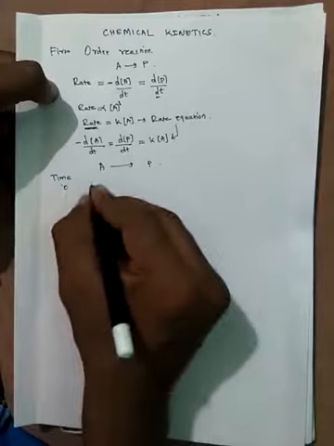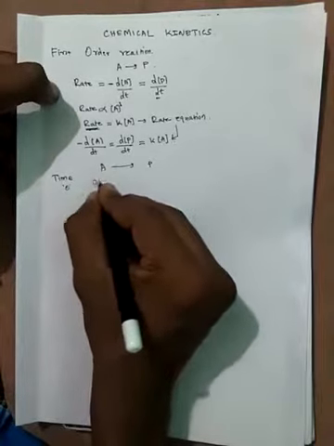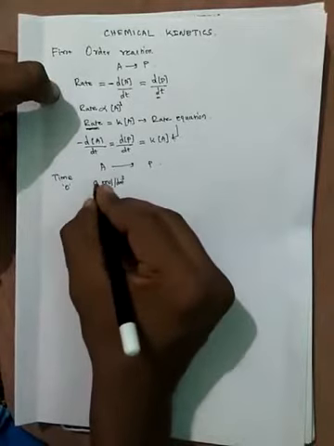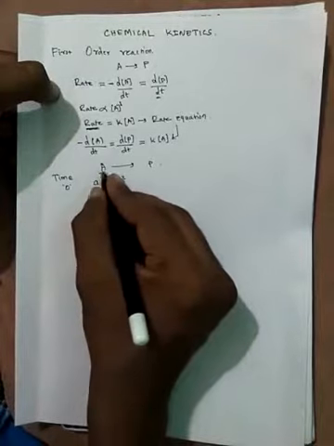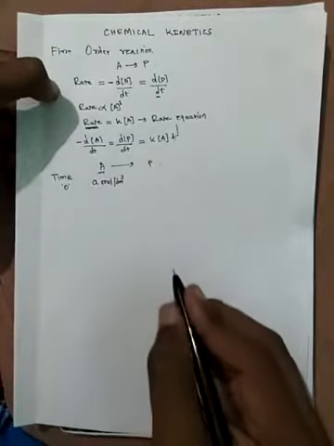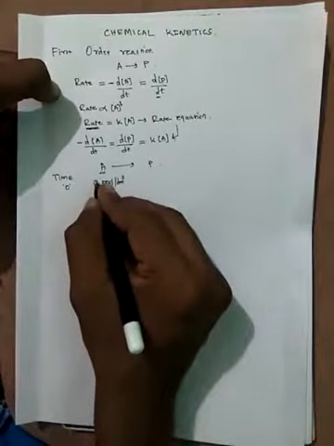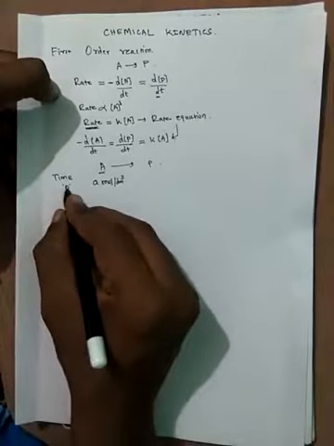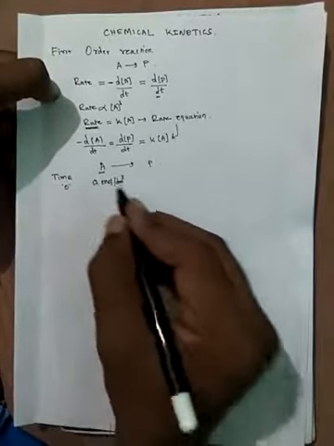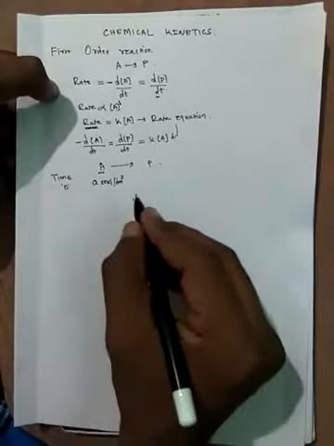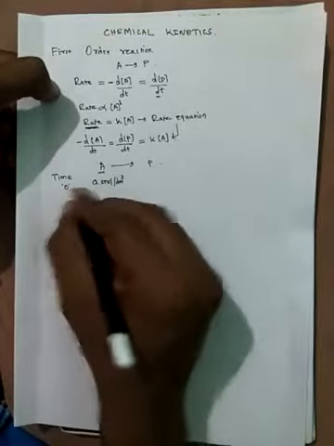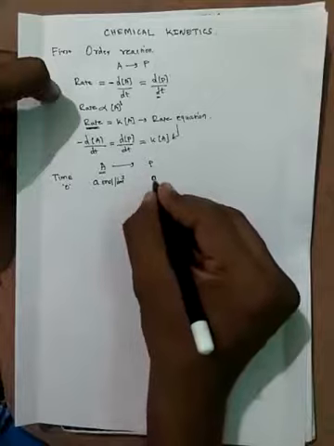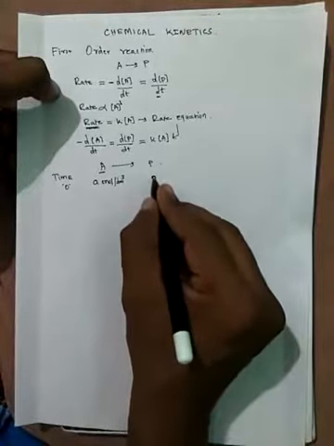At time 0, you have A mole per decimeter cube concentration of A. This is the initial concentration of the reactant A. At time 0 the product is not formed, so the concentration of product is 0.